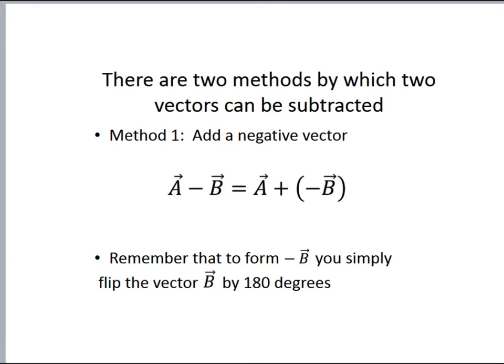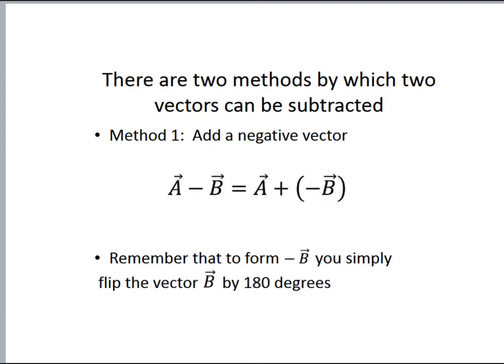Now, when you're talking about doing graphical vector subtraction, there are actually two different methods by which you can do vector subtraction. The first method, and the one we're going to start looking at, is simply adding a negative vector. In other words, if I look at the equation a minus b, what that really means is a plus a negative b.